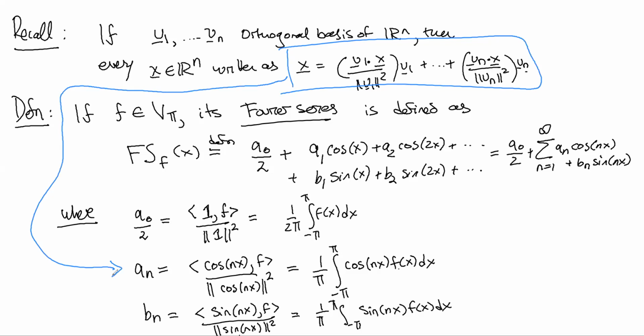Maybe before I say anything about that, let me just calculate for an example. The function I'm going to look at is the step function, s of x, which is 1 if x is positive and minus 1 if x is negative.